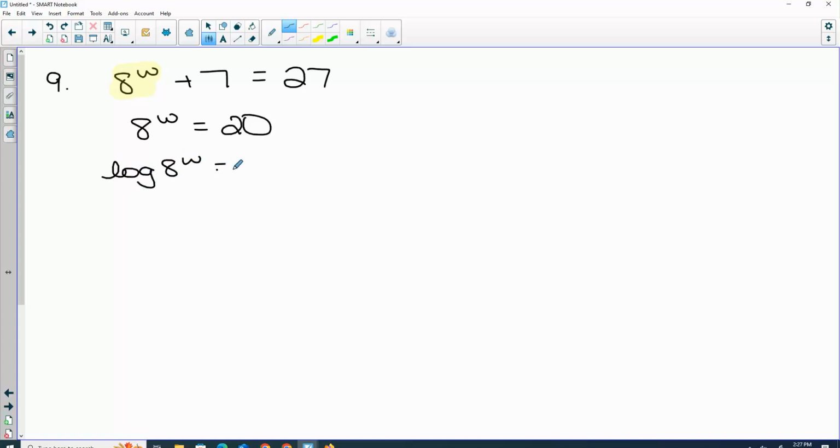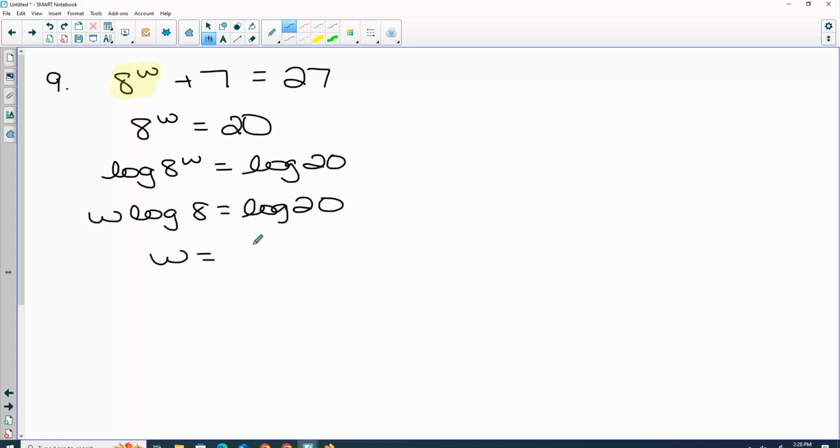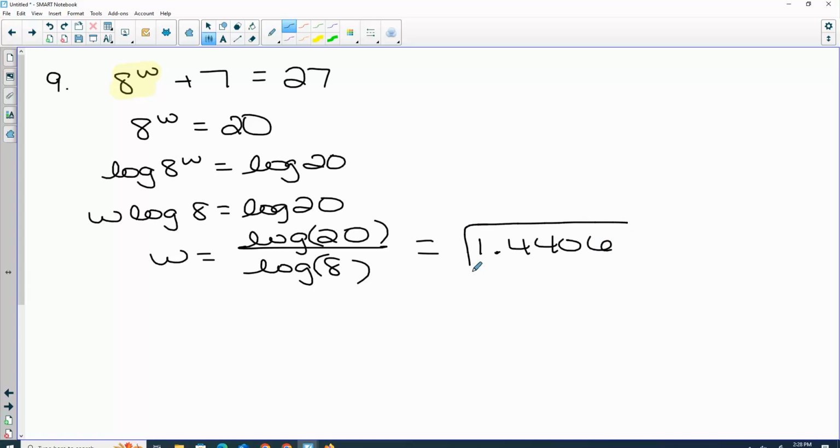We add a log to each side. And the benefit of that is now the properties of logs, the W comes down in front. So it's W times log of 8, so we can divide log 20 divided by log 8, and that everybody can put in the calculator because we all have that log button. When you type that in, make sure when you push the log, it opens the parentheses, so you have to close it, and you should get 1.406.